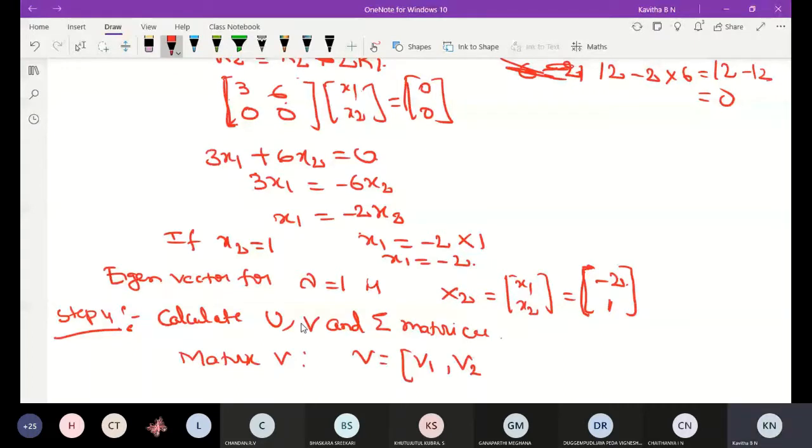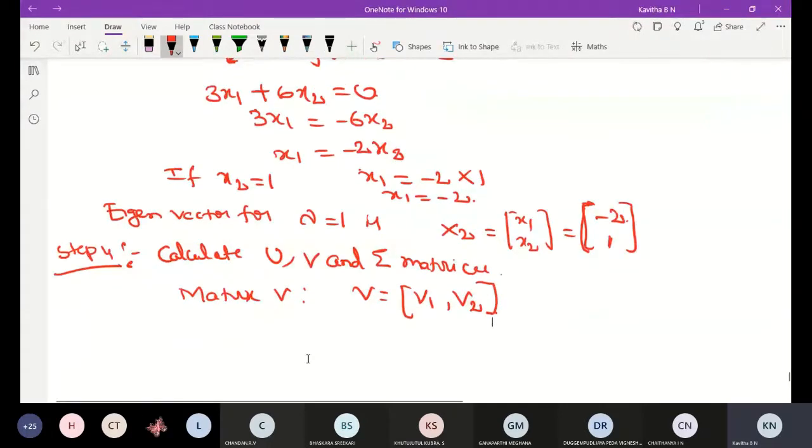Then here, first find out v1. v1 is equal to x1 by normal form of x1. Okay, normal form of x1. x1 is what? Just now we found, x1 is nothing but 1, 2.